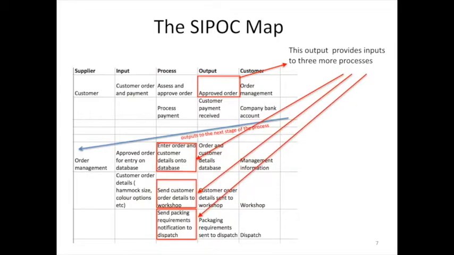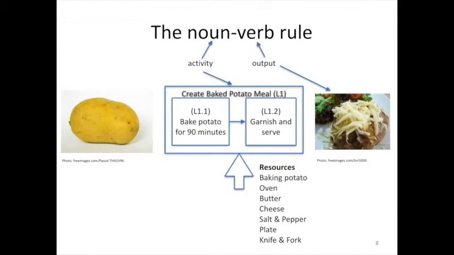The customer payment transfers into the company bank account and the approved order moves to the next step in the process, order management. Order management enter the order details onto the sales database, send the customer order details to the workshop, and notify dispatch of the packing requirements. So approval of the order triggers 3 new processes.